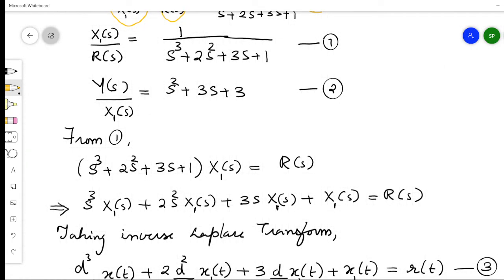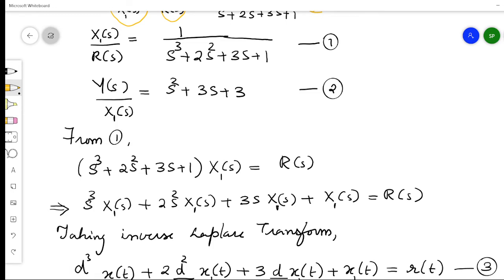Now we got two equations, two ratios. Let us consider the first equation, X1(s)/R(s) = 1/(s^3 + 2s^2 + 3s + 1). We'll cross multiply this equation.